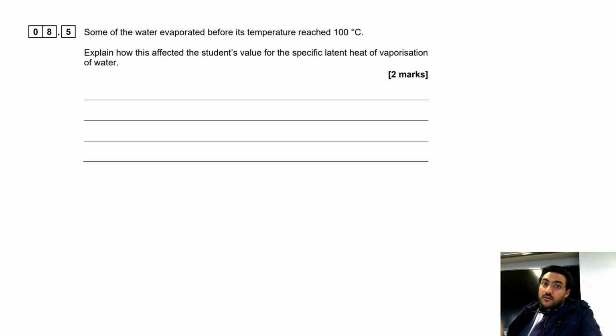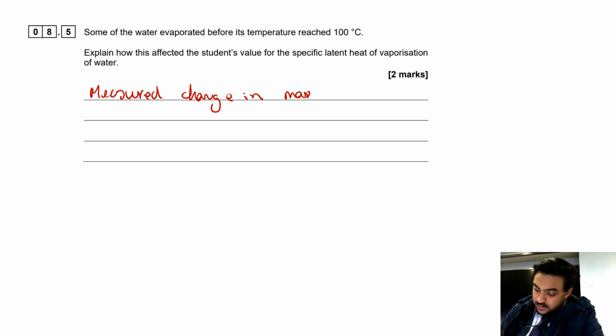If the value that we got for mass change was too high, then actually our latent heat of vaporization value that we calculated was too low. So what we say is measured change in mass was too high.